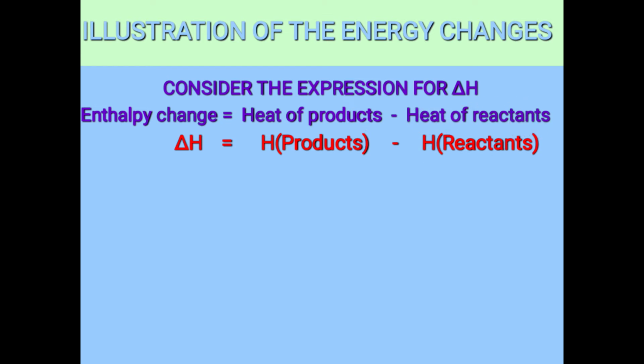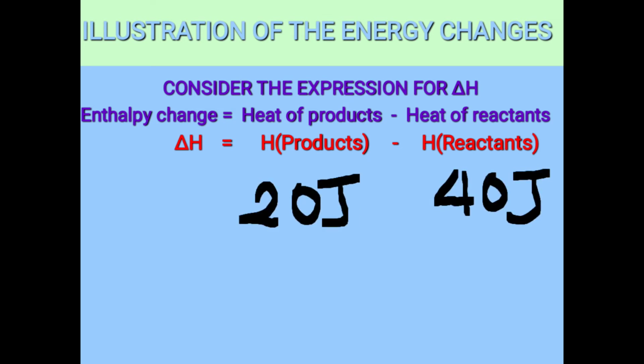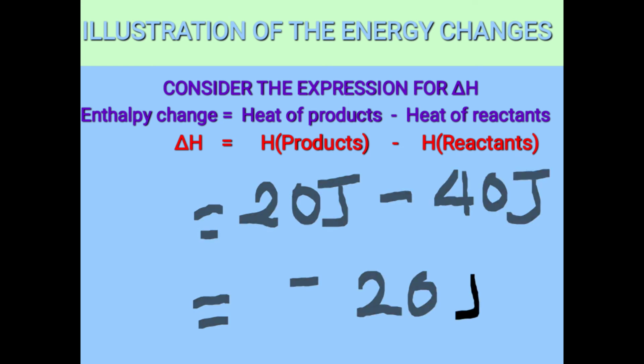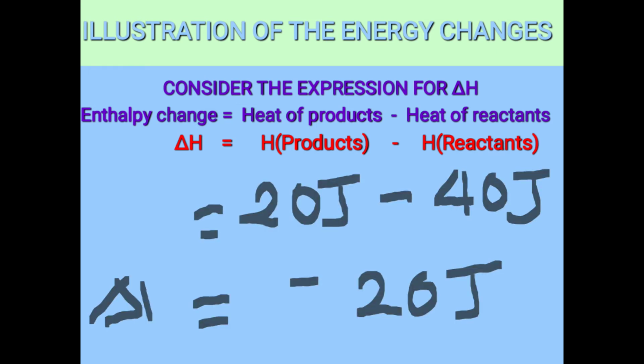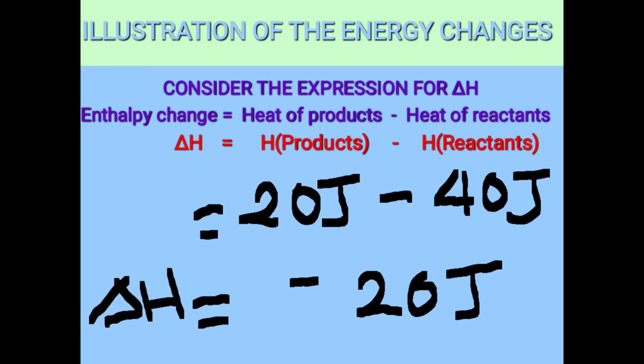Now, assume we started our reaction when the reactants were having 40 joules. A reaction took place, and at the end of the reaction, products were having 20 joules. Now, if we try to subtract, we are going to get a negative 20 joules, which means the ΔH is negative in this case.